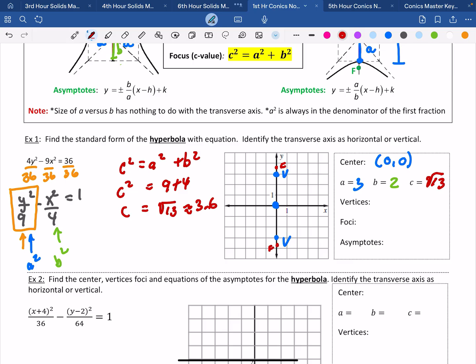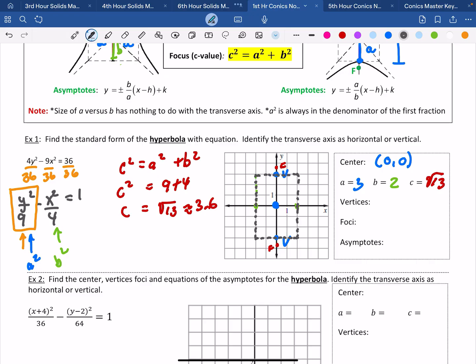All right, so now we're going to go ahead and graph the b value, which is 2 to the right and 2 to the left from the center. And then you want to make that little rectangle. All right, so let's go ahead and make that little rectangle. It's going to have the dimensions of 4 by 6. There you have it.